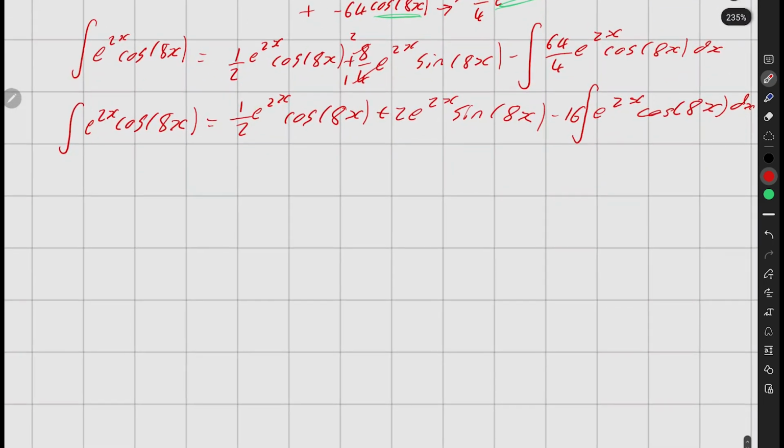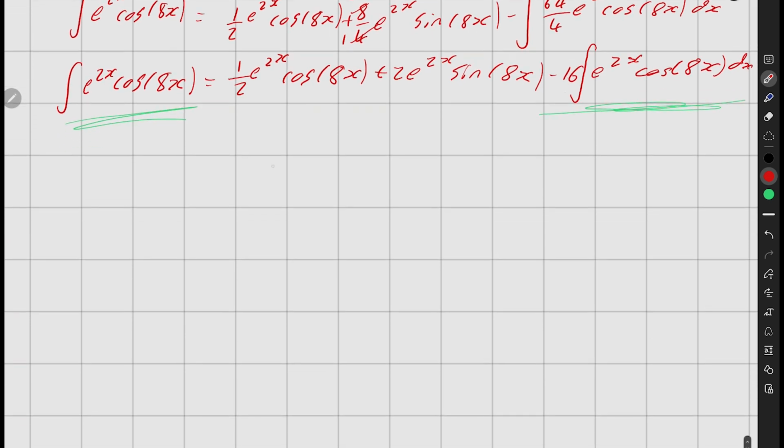So that's our answer. Well, not quite, but hopefully now you're picking up the pattern that, once again, we've ended up taking away the integral. And it's the exact same integral, but with the constant out the front. So we can add 16 of these onto the other side, then divide by 16, and we can solve for the integral.